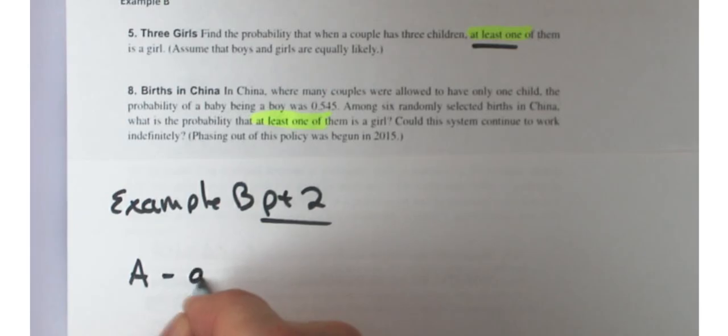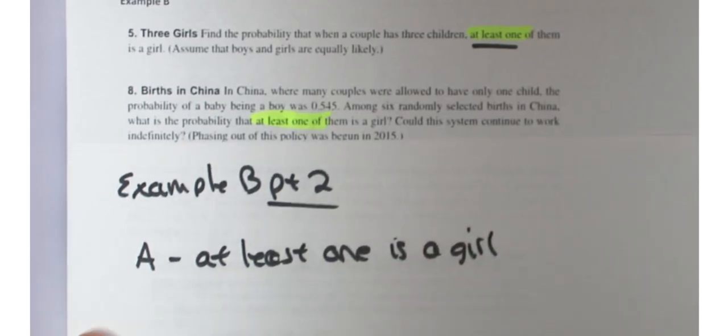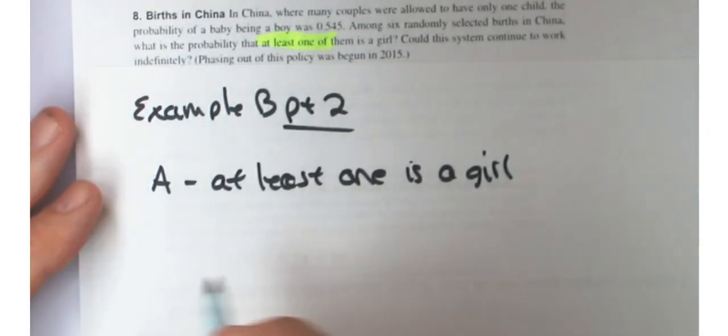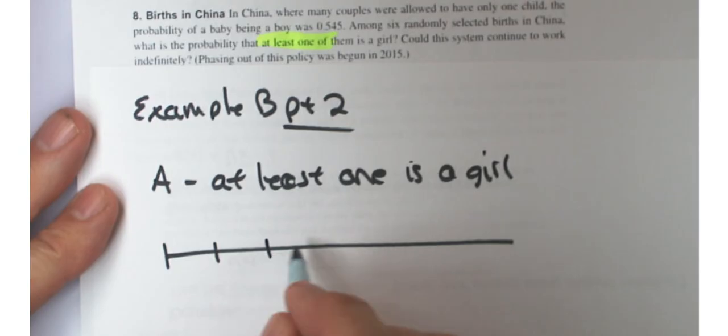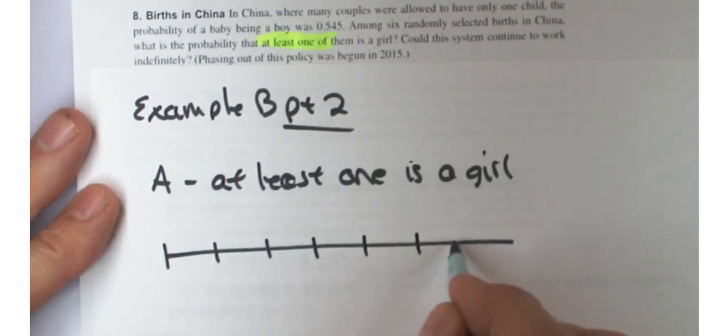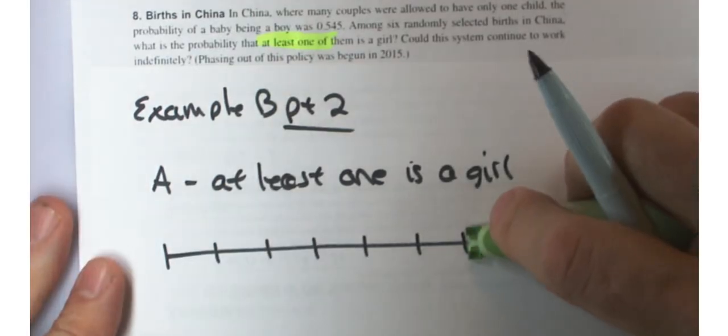So let's take a look at the event A: at least one is a girl. I'm going to do what I did with the last one, and look at the different possibilities in terms of the number of girls.